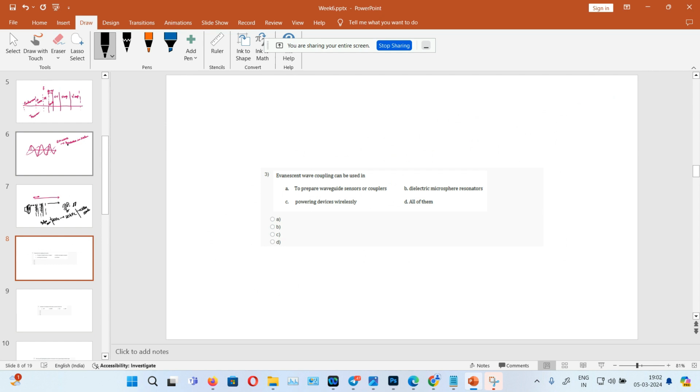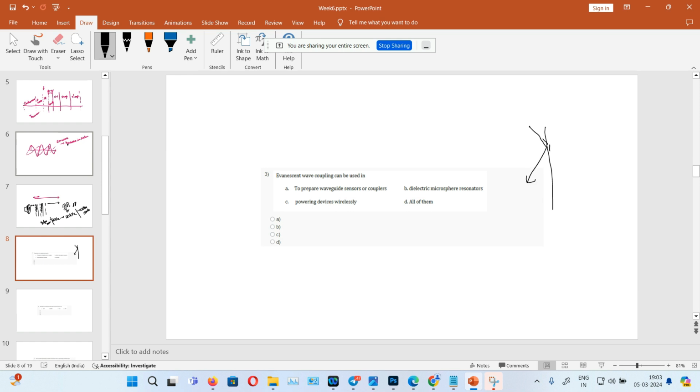So evanescent wave coupling can be used in... Now see what an evanescent wave is. Evanescent waves are generated when there is an interface and some light-matter interaction happening at the boundary, with some reflection happening.